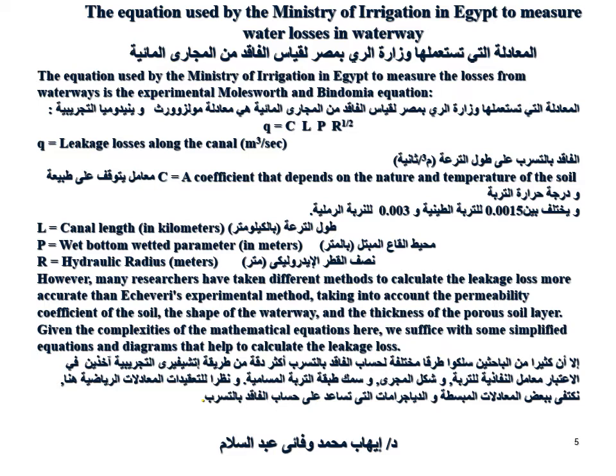However, many researchers have taken different methods to calculate the leakage loss more accurately than the Egyptian experimental method, taking into account the permeability coefficient of the soil, the shape of the waterway, and the thickness of the porous soil layer.